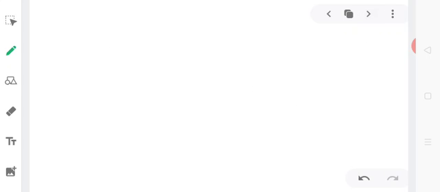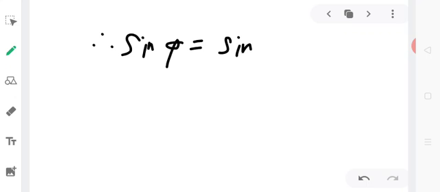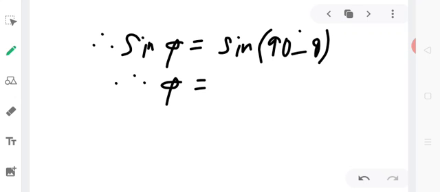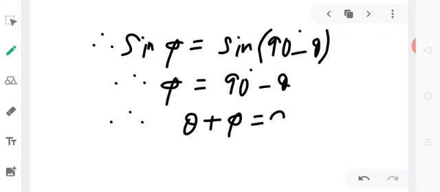So now we can write down sin of phi equal to sin of (90 minus theta), because we know that cos theta is sin of (90 degree minus theta). Therefore we get phi equal to 90 degree minus theta, or we can write theta plus phi equal to 90 degree.